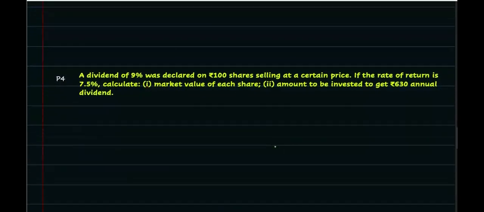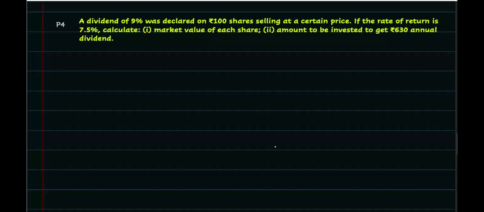Moving on, fourth problem. A dividend of 9% was declared on rupees 100 shares, selling at a certain price. If the rate of return is 7.5%, find first of all the market value, then the amount to be invested to get rupees 630 annual dividend.